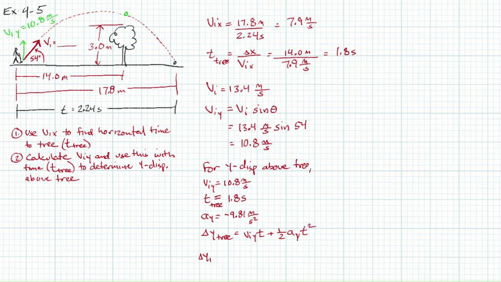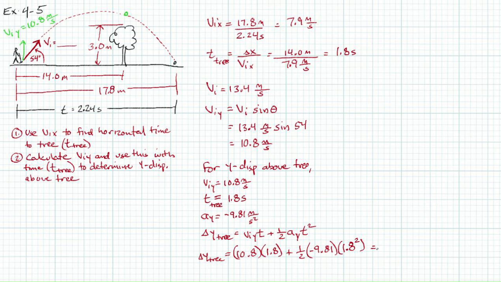Delta y at the tree equals what? Initial velocity in the y direction, that's 10.8, times time, that's 1.8, plus 1/2 times acceleration, which is negative 9.81, times our time squared, 1.8 squared.